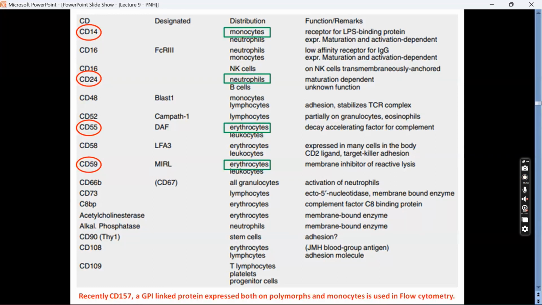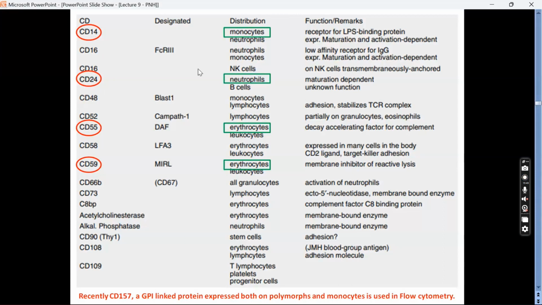Recently, one more marker was introduced, some 3 years back, which is CD157. Now, the beauty of CD157 is this: if you want to study monocytes in a PNH patient, you have to use CD14. Similarly, if you want to study neutrophils in a PNH patient, you need to use CD24.